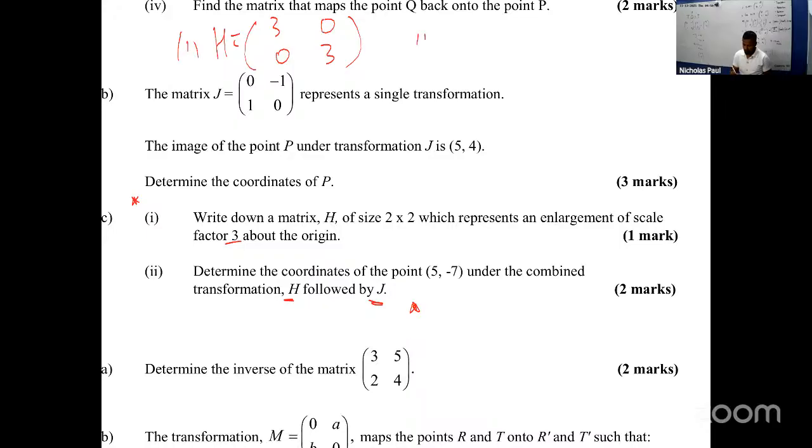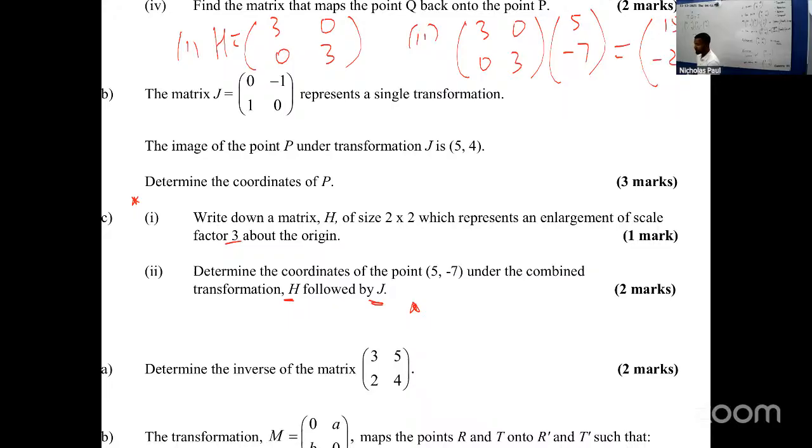So part 2, you're multiplying 3003 by 5, minus 7. Some of you are having problems with the multiplication. No, that's it: H and then G. I got 15, minus 21.